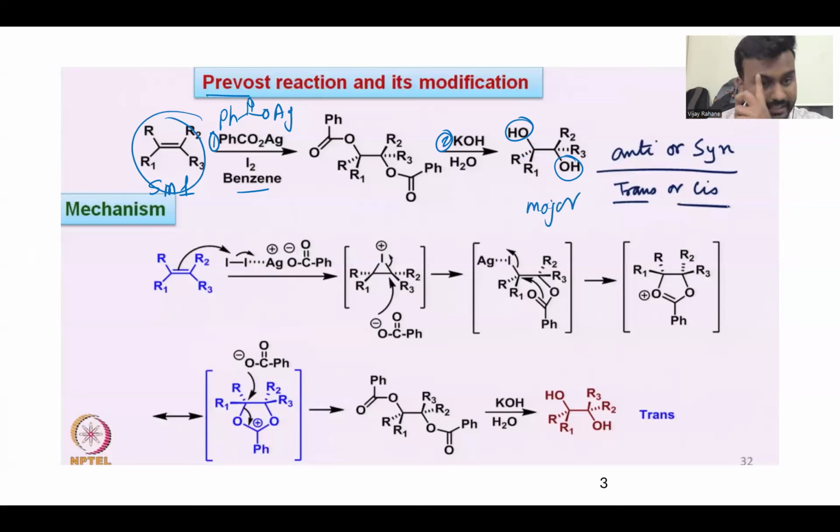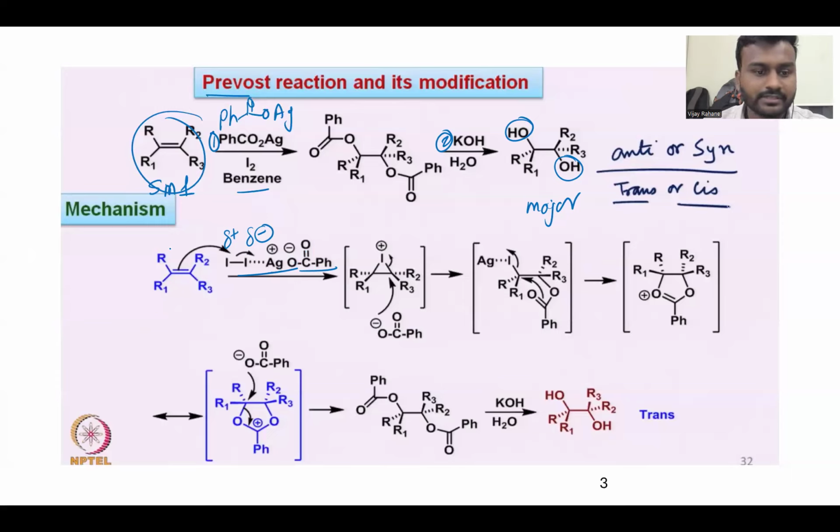If you go to the mechanism step by step, this is the catalytic amount of iodine. When you add the catalytic amount of iodine and the silver salt, they form a complex in which one iodine is delta positive and one iodine has a delta negative charge. Ag is already positive, and the benzoate is the negative salt. So it forms a complex in this manner.